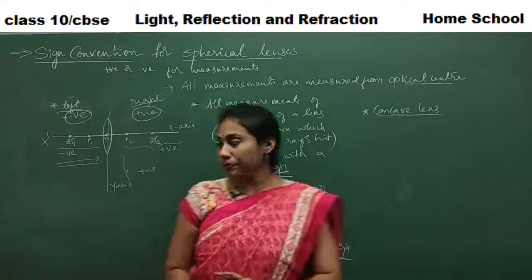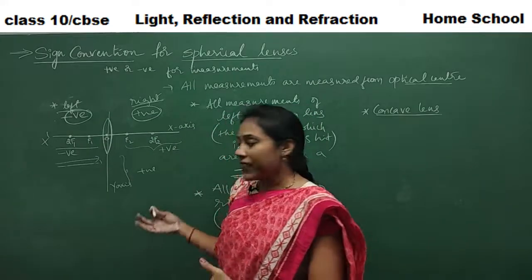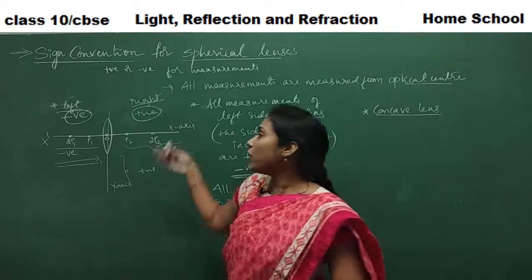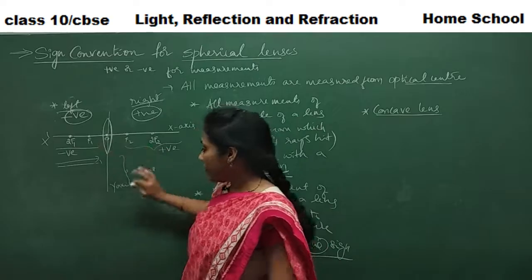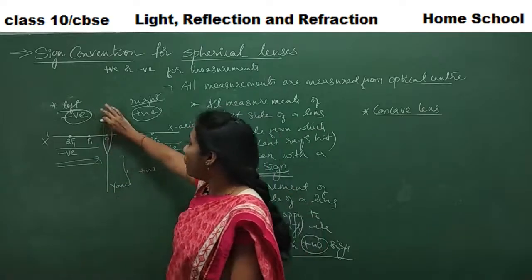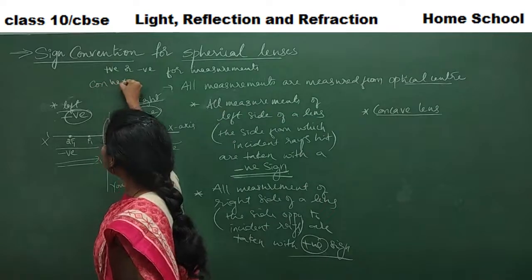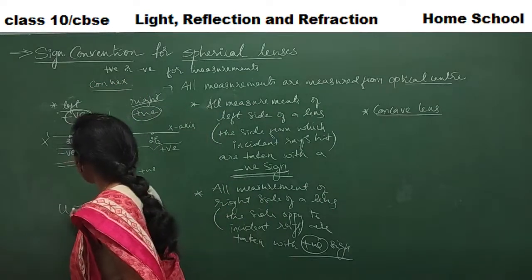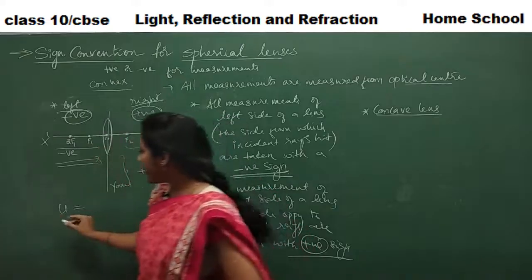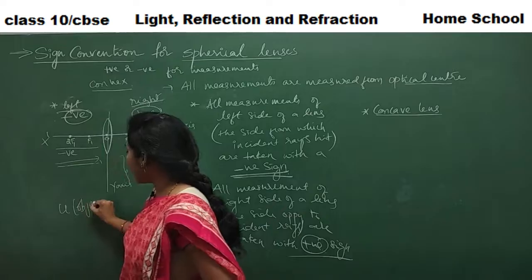Okay, fine. And now let us figure out what sign has to be given for object distance, image distance, height of an object, etc. in case of convex lens. Okay, so this is your convex lens, right? And can you give a sign for object distance? U in the sense object distance. You know this because you already studied the mirror.